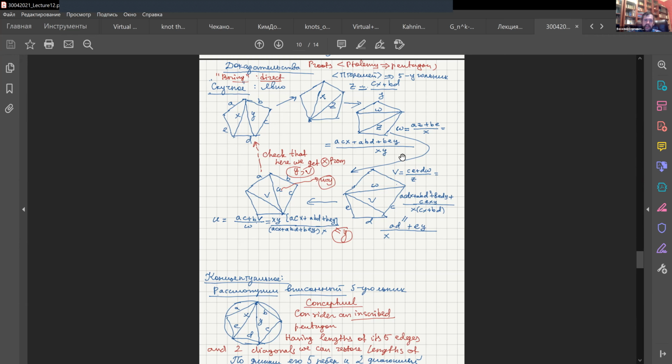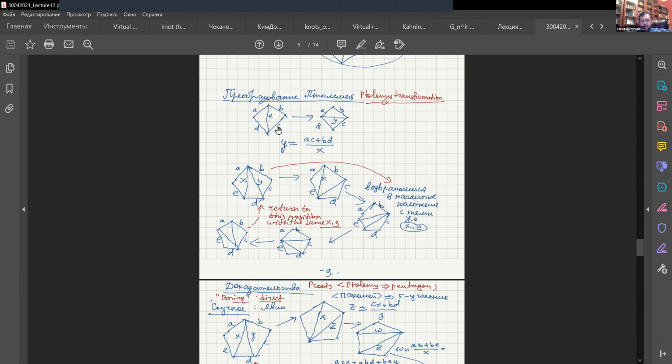This will mean that if in the proof we never use subtraction, then it means that we can use another transformation. Instead of the Ptolemy transformation, we can use the tropical Ptolemy transformation, which will mean that our y is tropically y equals a times c, tropically plus b times d, tropically over x.